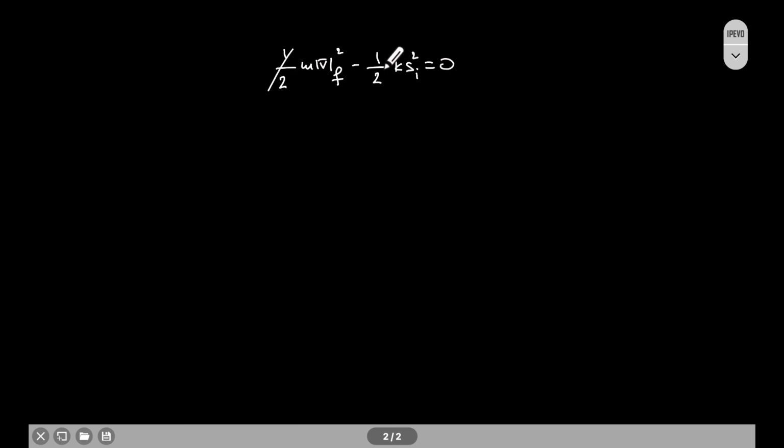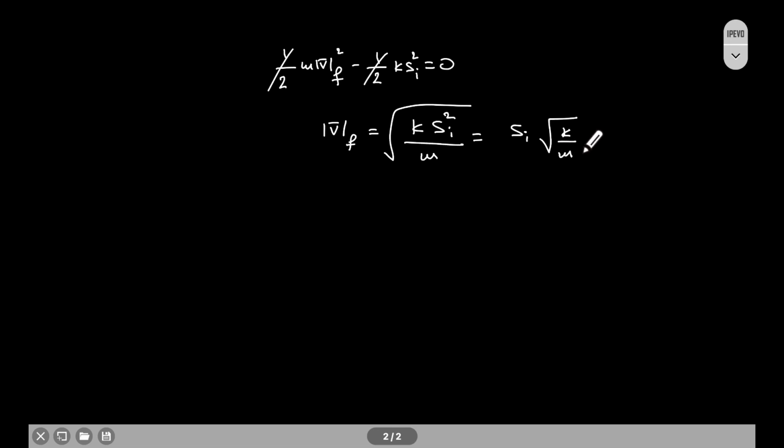Since I have 1/2 on both terms, I can get rid of that, and this means my v final squared is k s initial squared divided by the mass, and since I have the speed squared, I need to take the square root, so it's going to be s initial times the square root of k over m.